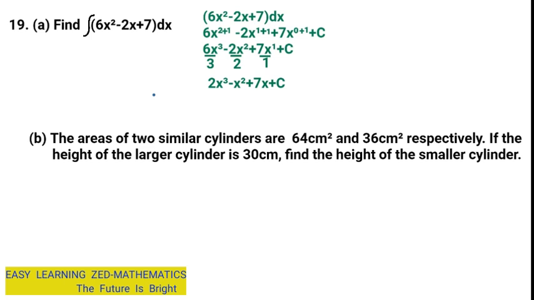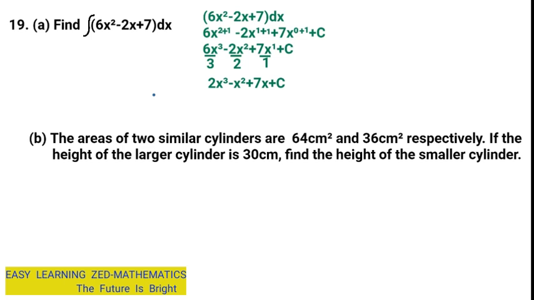Okay, let's go to question number 19B. 19B was as follows. The areas of two similar cylinders are 64 centimeter squared and 36 centimeter squared respectively. If the height of the larger cylinder is 30 centimeter, find the height of the smaller cylinder. So we're going to come up with a proportion.